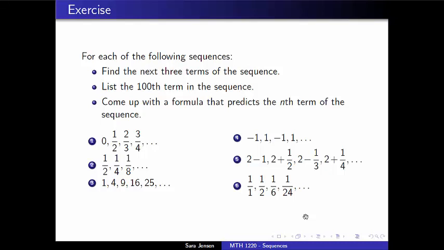And last but not least, see if you can come up with a function or a formula like we did on the previous slide that predicts the nth term in general. So I could change that 100 to a 1,000, 1,000,000, 452, whatever I want, and still know exactly what that nth term would be. So go ahead, pause, and work out these 6 examples. And when you're done, unpause, and I'll reveal the answers on the next slide.